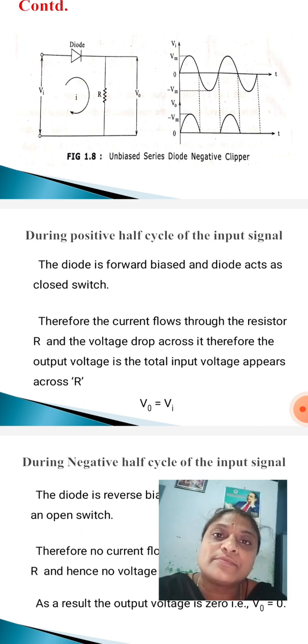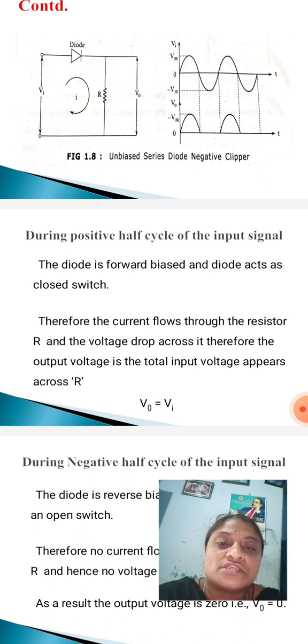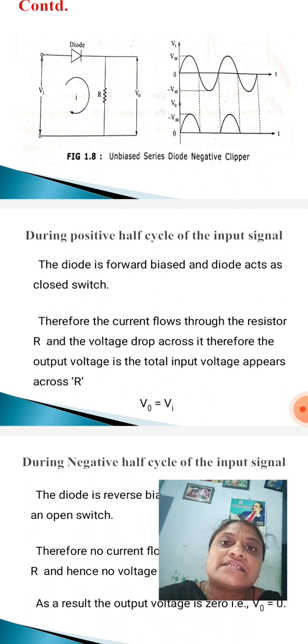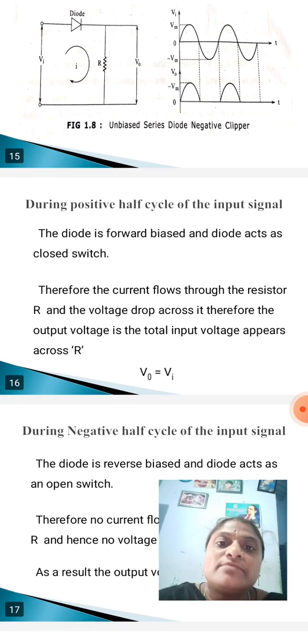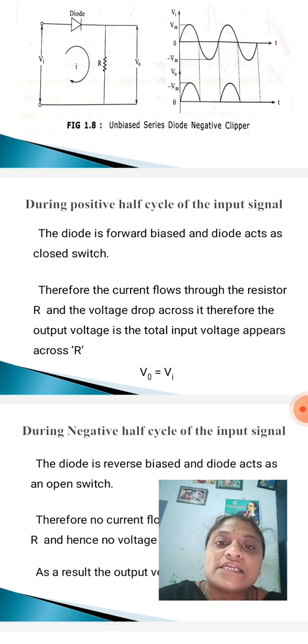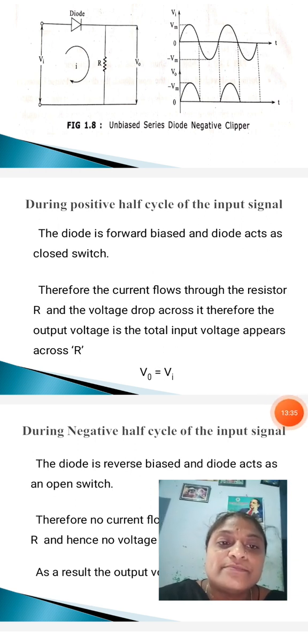The diode is forward biased because the anode is connected to the positive terminal and the cathode is connected to the negative terminal through the resistor. Diode forward bias means it acts as a closed switch. Therefore, the current flows through the resistor with a voltage drop across it, and the total input voltage appears across R. Mathematically, the output voltage is equal to the input voltage.